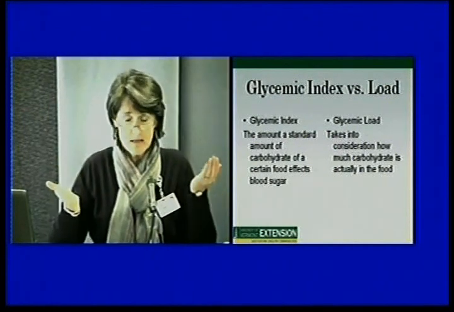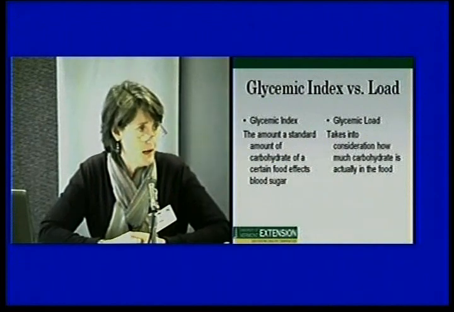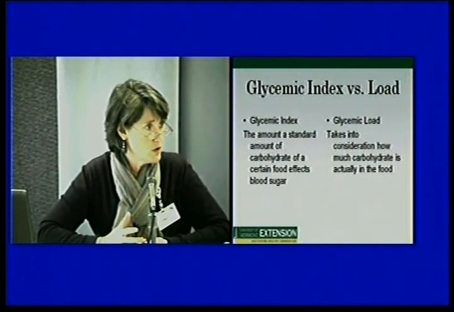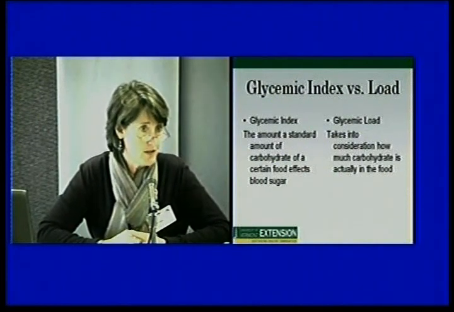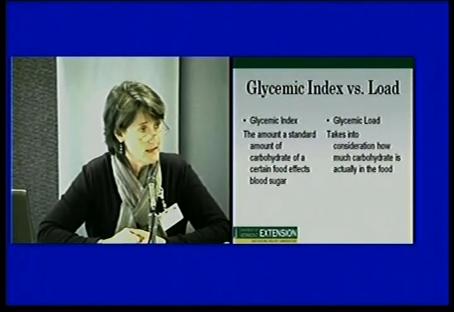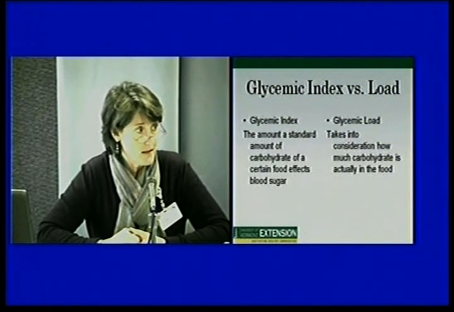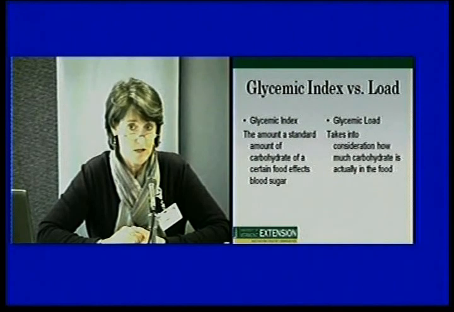So they compare these two and they come up with a number, and it's basically on a scale of 0 to 100. And the higher the number, the higher the glycemic index is, which means that it affects the blood sugar levels that much more so.